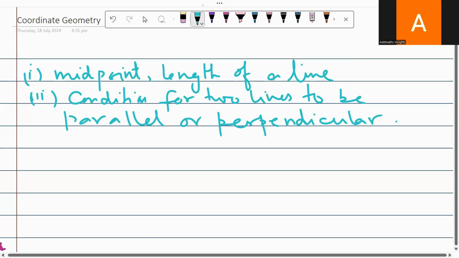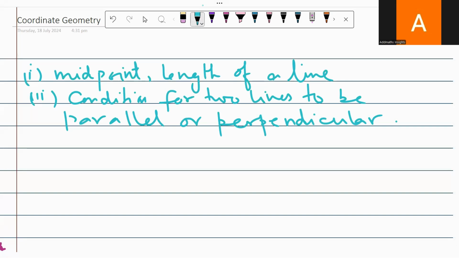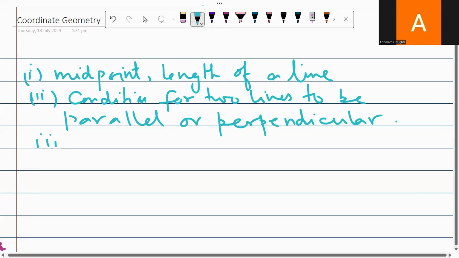You will also learn to find the equation of a straight line graph.